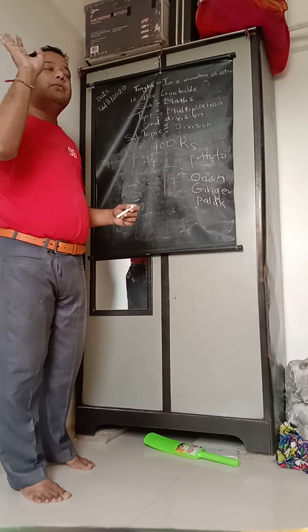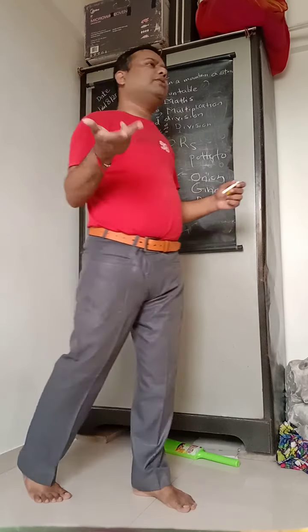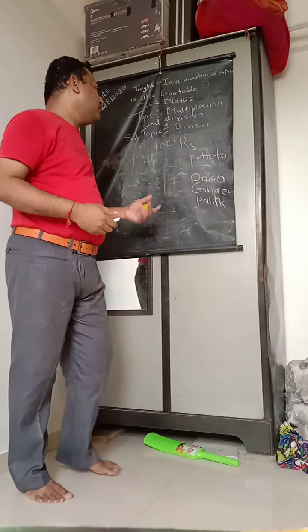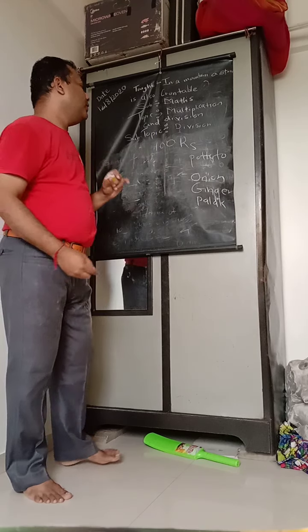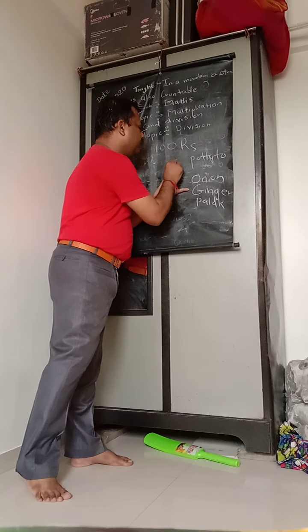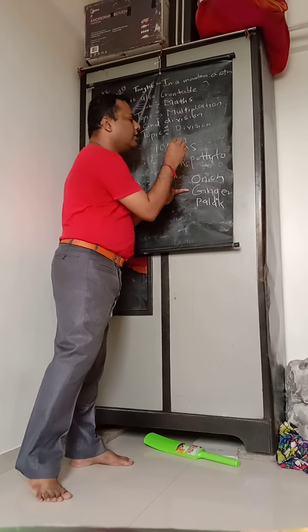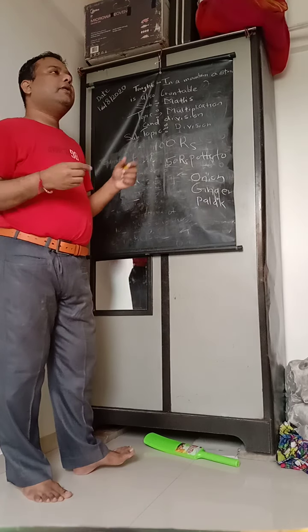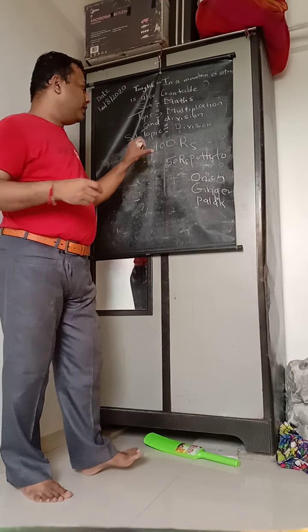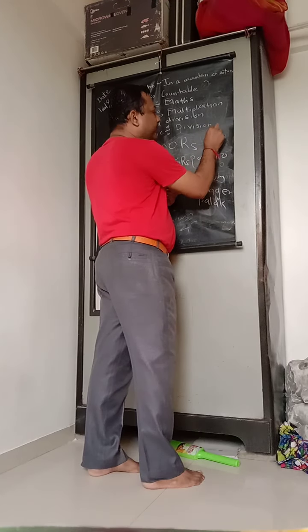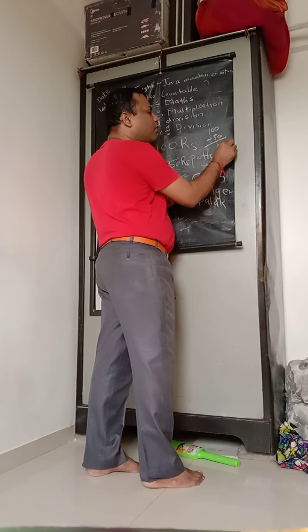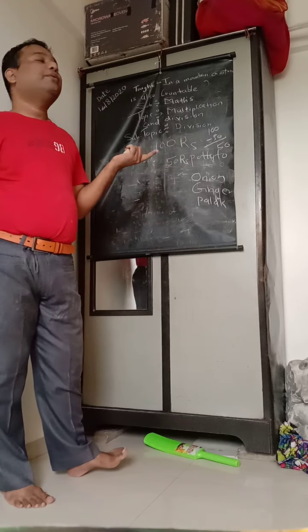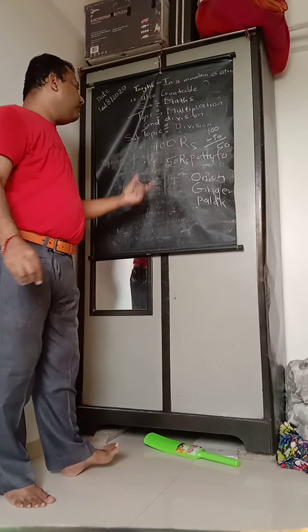Suppose potato of 1 kg costs 50 rupees. So how many rupees in your hand? Total 100 minus 50, in your hand right now, 50 rupees.